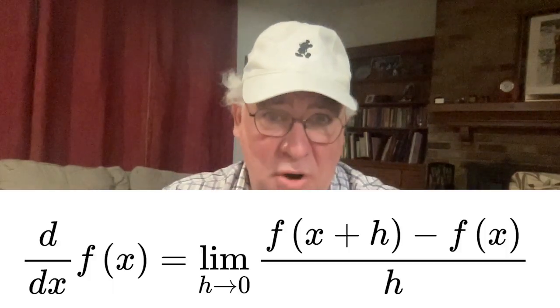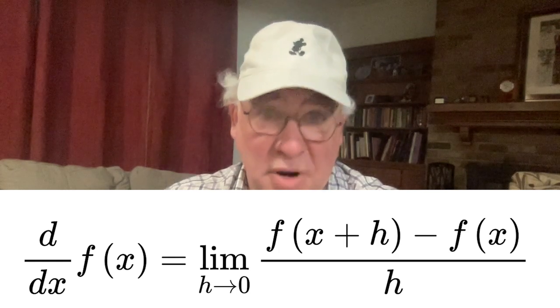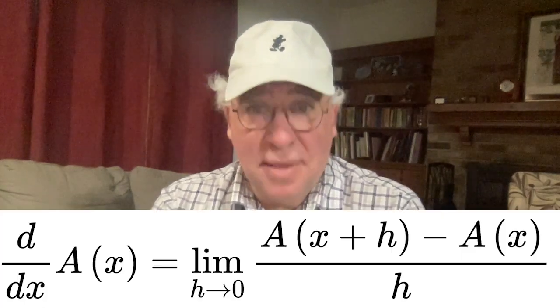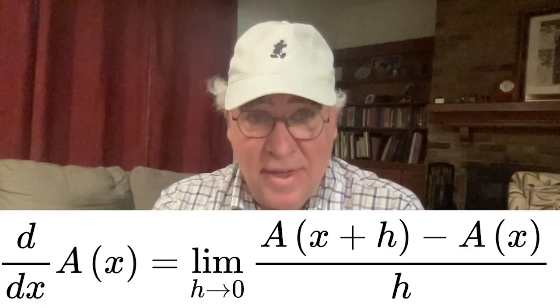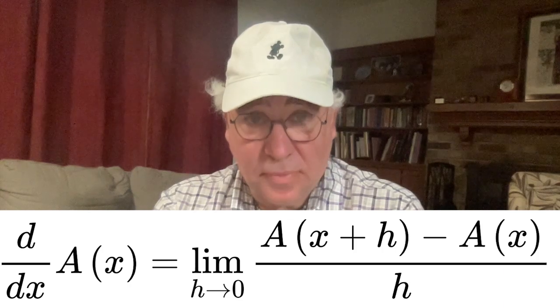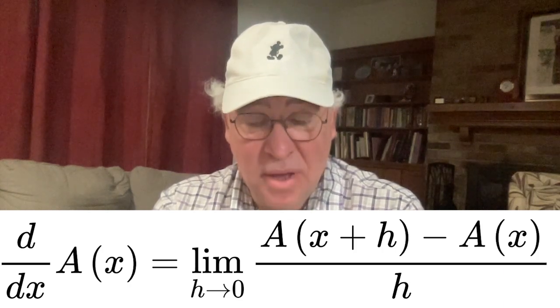Remember, the derivative of a function is the limit as h approaches 0 of f of x plus h minus f of x over h. Gosh, we did that to death a while ago. So, I want the limit as h goes to 0 of A of x plus h minus A of x all divided by h.